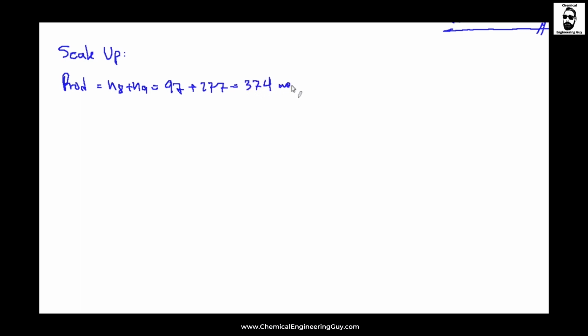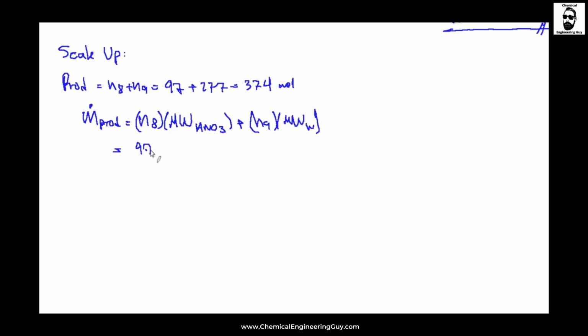374 moles. I need to find the average molecular weight, so let's go directly to calculate the total mass flow of product. It's N8 times the molecular weight of HNO3, plus N9 times the molecular weight of water.